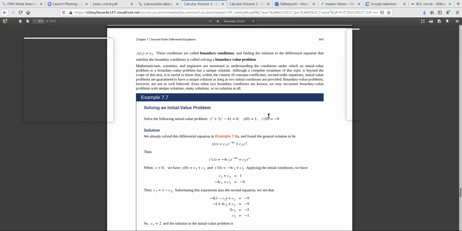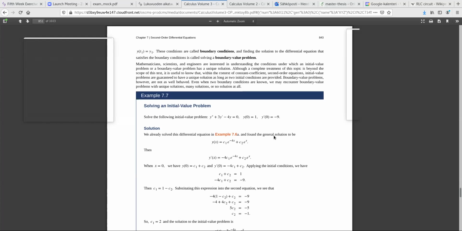It might just well have a unique solution, but we don't know in general. So initial value problems are usually far easier. You know the state of the system once you get started, and then you can express the evolution of the system in terms of whatever the parameter is, x. Sometimes it's time.